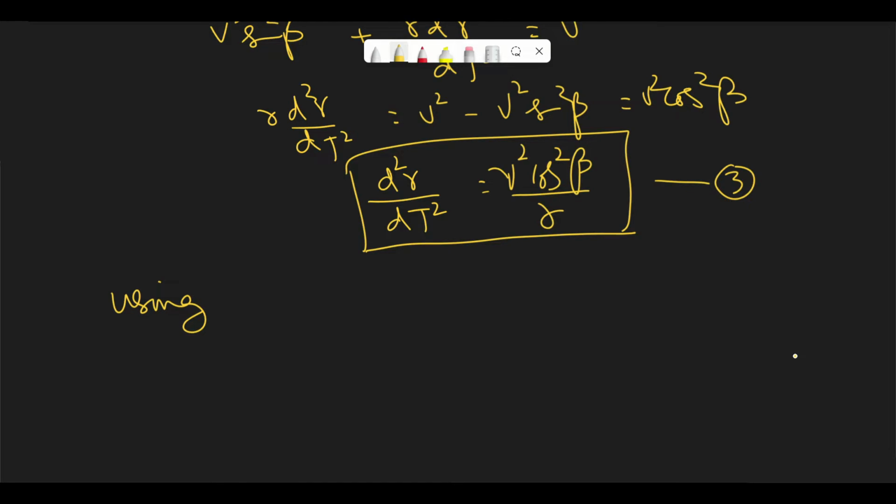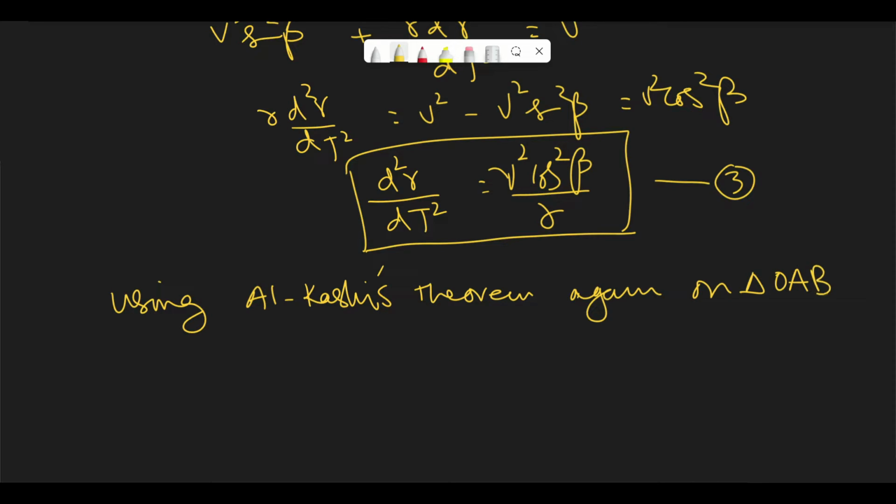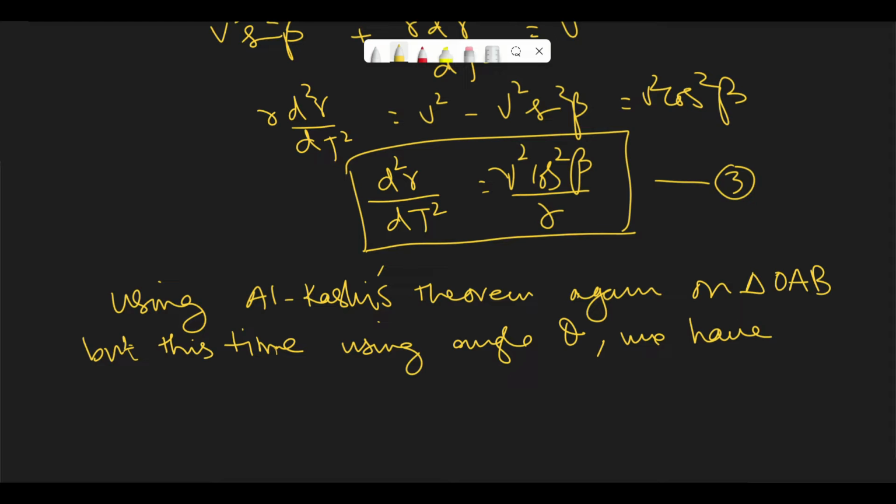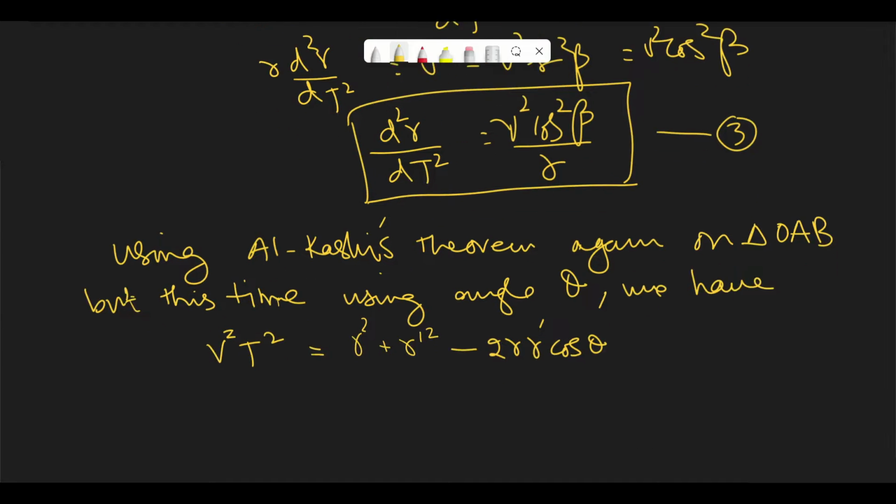So using Alkashi's theorem again on triangle OAB, but this time using angle theta, we obtain v square t square is equal to r square plus r prime square minus 2rr prime cos theta.